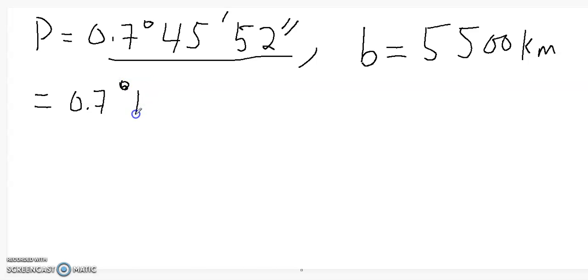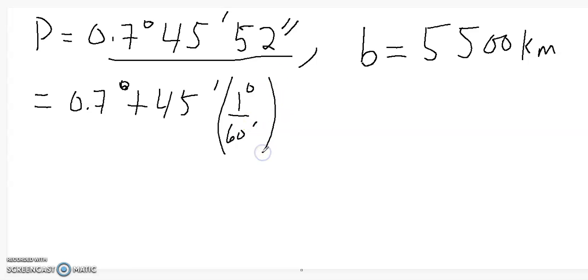And then we add 45 arc minutes, and we do a quick conversion. So we know that in 1 degree, there are 60 arc minutes. So the arc minutes would cancel, and that would change it into degrees, plus 52 arc seconds.